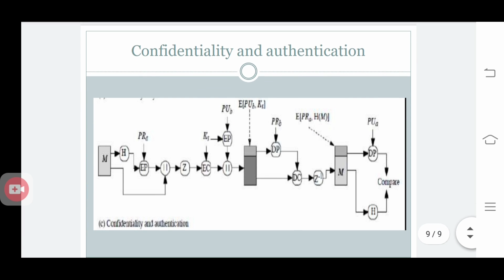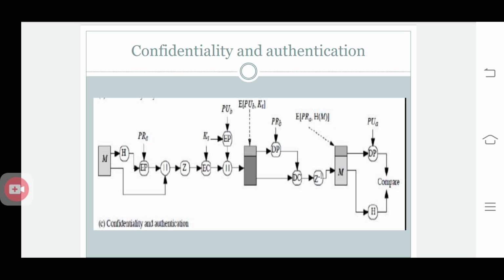Next, if you are providing confidentiality and authentication in the same structure, what is the structure of that system? You already studied how to implement authentication and how to implement confidentiality.